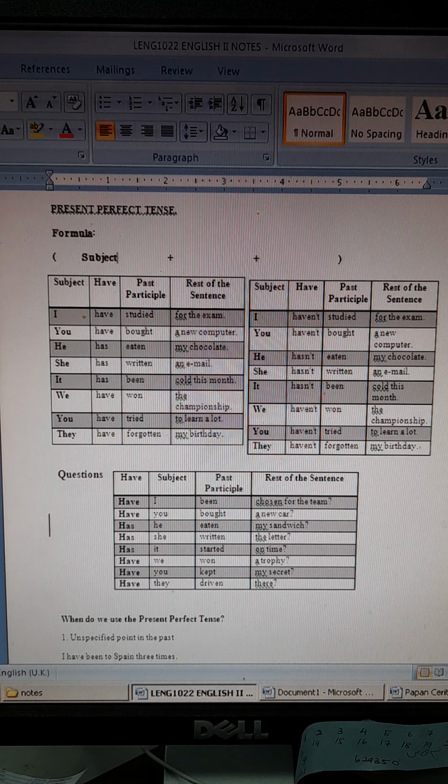Alright, for present perfect tense, since this is not past tense, this is present perfect tense, in which we have half past and half present. Our first verb is called the helping verb, in which we can choose to use either has or have, depending on the subjects.